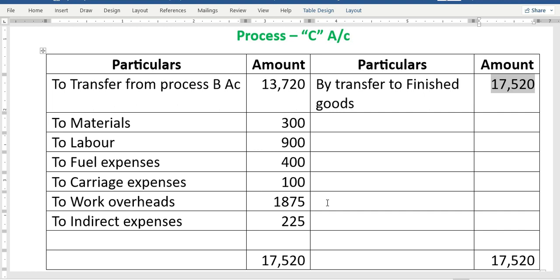We just post the expenses and transfer the balancing amount to the next process. In the next sums we will see scrap value, loss, wastage, and abnormal loss and abnormal gain. Hope it's clear and understood. Let's move on to the next sum.